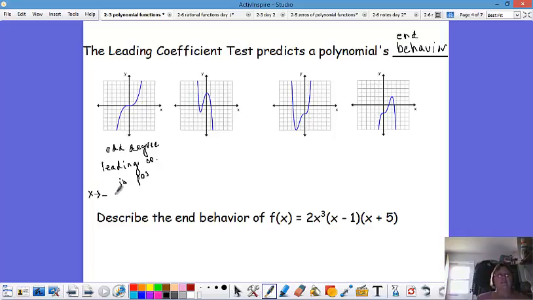As x approaches negative infinity, so when x is getting very small, in this one, y is also approaching negative infinity. That is, it's going down. As x approaches positive infinity, y approaches positive infinity. And from here, it's not a big leap to say we're looking at a down-up behavior. Okay, we usually talk about the negative x's first and then the positive.